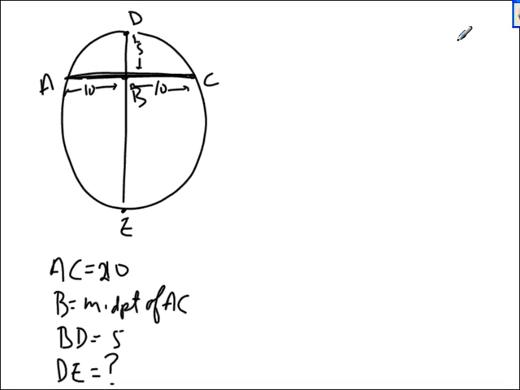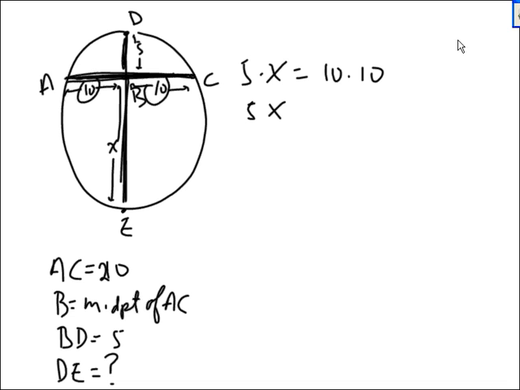Well, first, let's find out what BE is. Call it X. DE was broken up into two parts, 5 and X. So you multiply those two, equals. AC was broken up into two parts. They are each 10. 10 times 10.